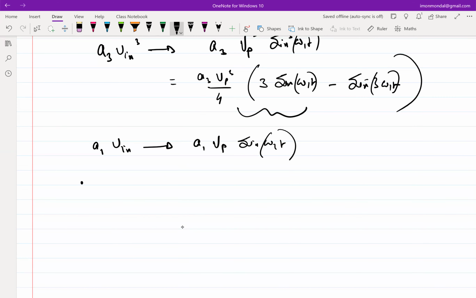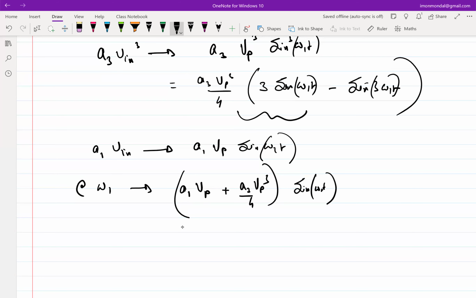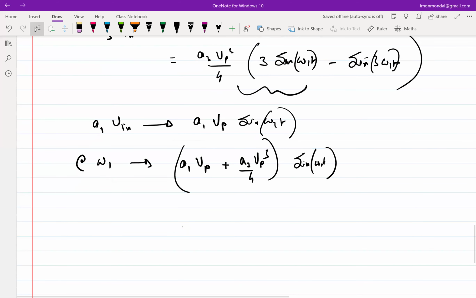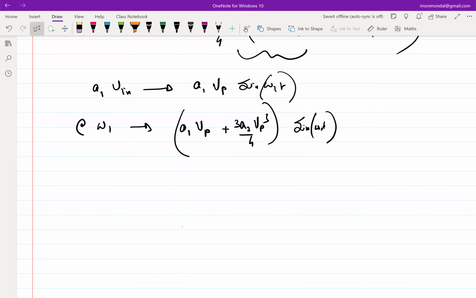So therefore, at omega 1, you tend to get (A1 Vp plus 3 A3 Vp cube by 4) sine omega 1t. So now it all boils down to the sign of A3.